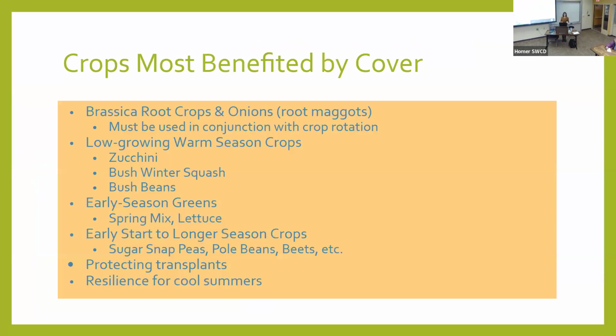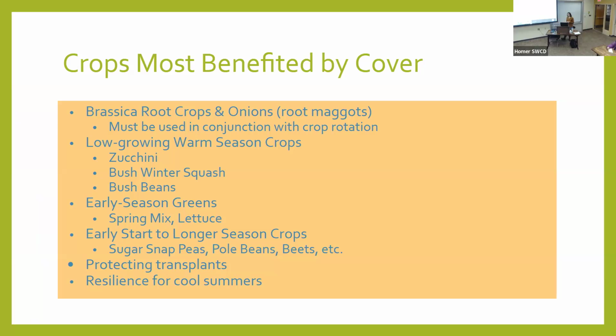So, just an overview of the crops that are most benefited by cover. We're talking the root maggots, brassicas, the root crops, mostly turnips, salad turnips, radishes, and also onions if you have onion root maggots. And again, it has to be used in conjunction with crop rotation.